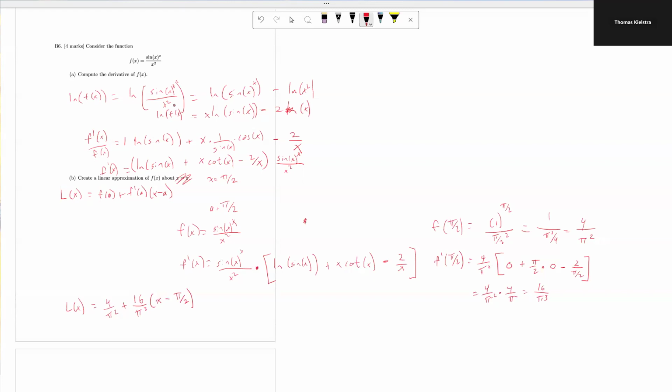Okay, and if we wanted to expand this more, just to simplify it, which is not necessary at all, we get 4 over pi squared plus 16 over pi cubed x minus 8 over pi squared, which would equal 16 over pi cubed x plus 8 over pi squared.